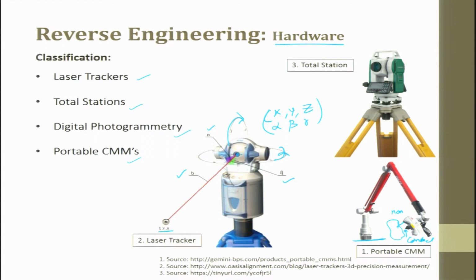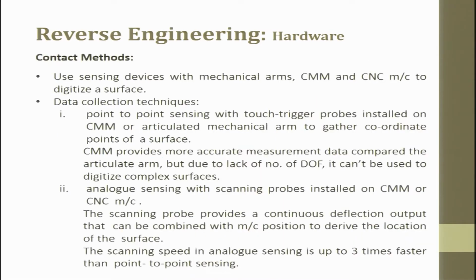This is a total station, which civil engineers generally use. With the total station you have a laser which focuses on those points, and you have a display wherein you can do some soft computation and then get the output. The contact methods use a sensing device with a mechanical arm, CMM and CNC machines to digitize a surface.